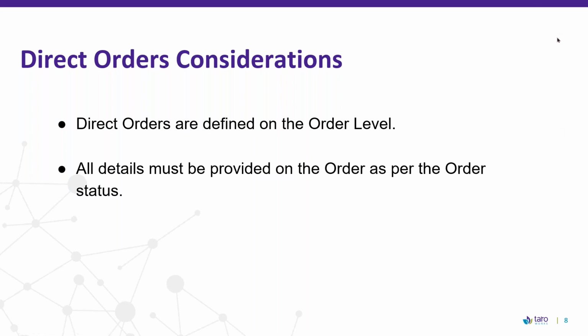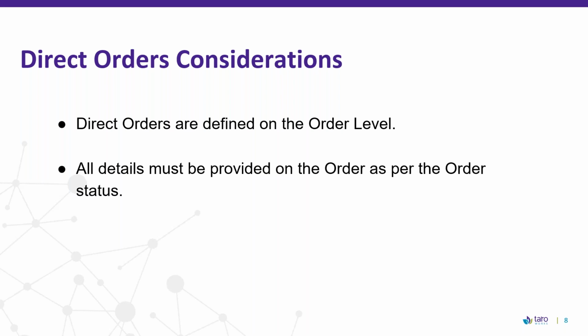We have one question from Mercy. Mercy asks, what happens if I try to create an order in a status other than draft without setting the direct order flag to yes? Great question, Tabitha. You remember the details that we have to provide and also to define the direct orders at the order level.